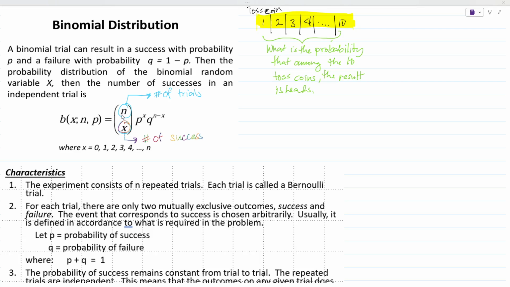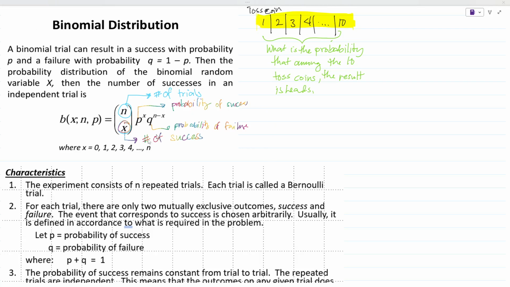Okay? P, again, is the probability of success. And Q is the probability of failure. Okay? And then, direct substitution ng lahat.